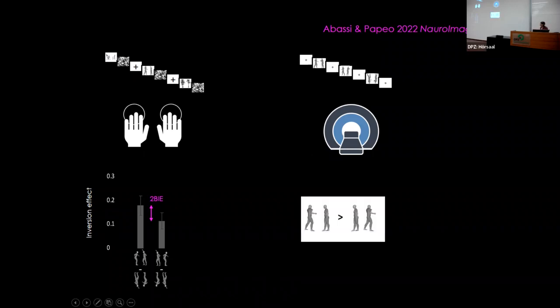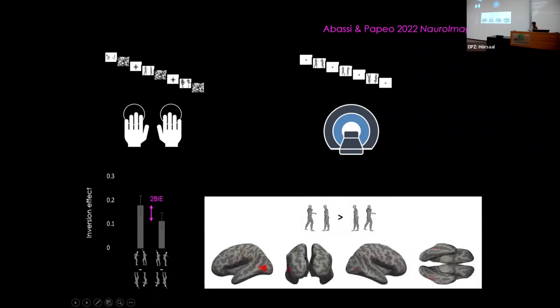The first analysis that we did on the fMRI data was a simple contrast, facing versus non-facing bodies, and we already observed something interesting. There was a network of brain areas that responded more strongly to facing dyads as opposed to the very same bodies presented back to back.